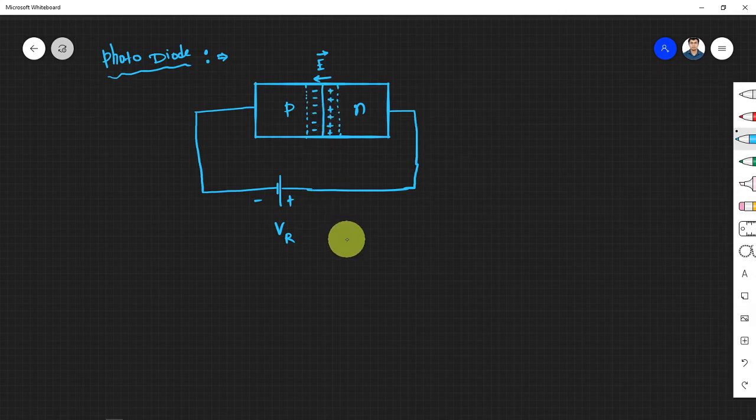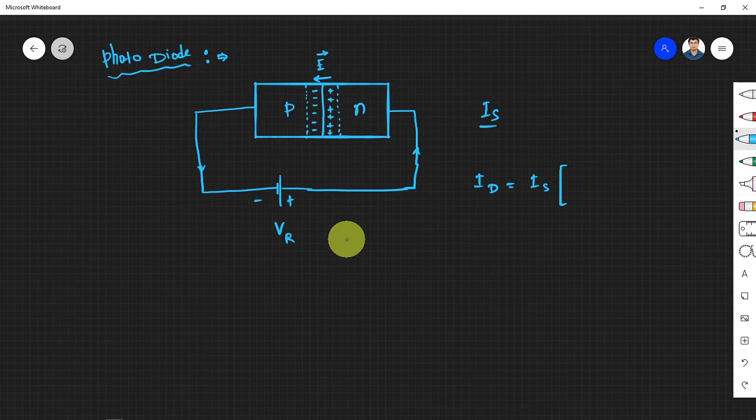Now in this device, if you keep it in dark, only the dark current or the reverse saturation current will flow into this device, right? It's a PN junction diode, so it will be very similar to the situation we studied for a PN junction diode. So you remember the dark current for a diode. If you write it as I_D is I_S, the reverse saturation current.